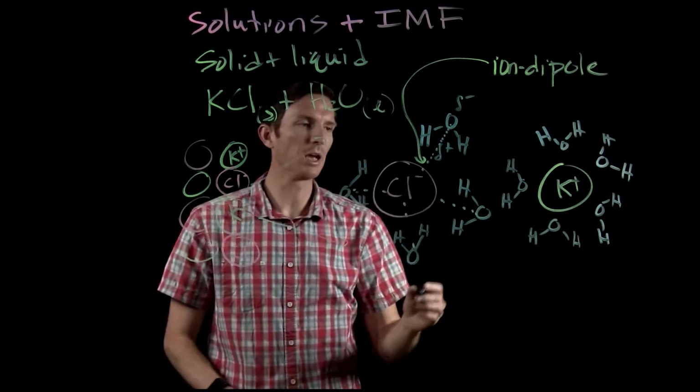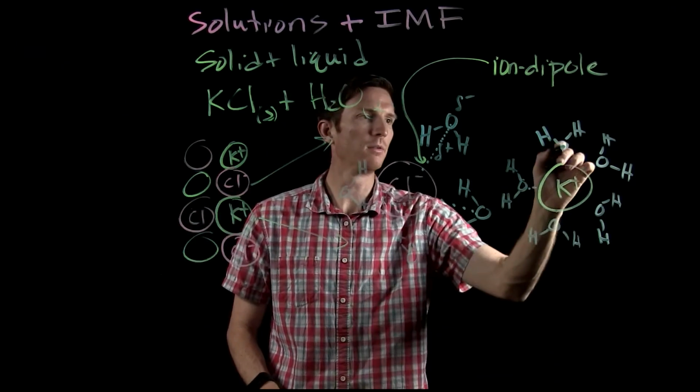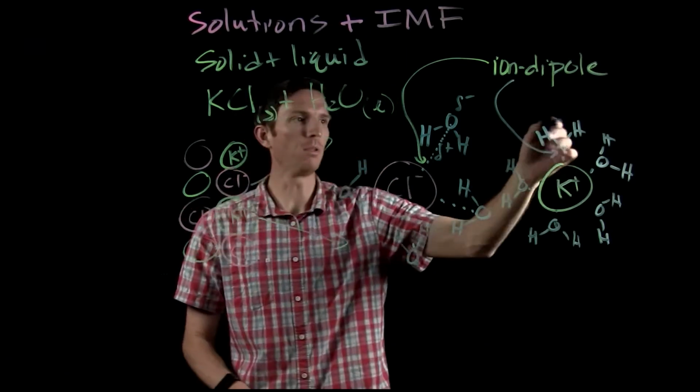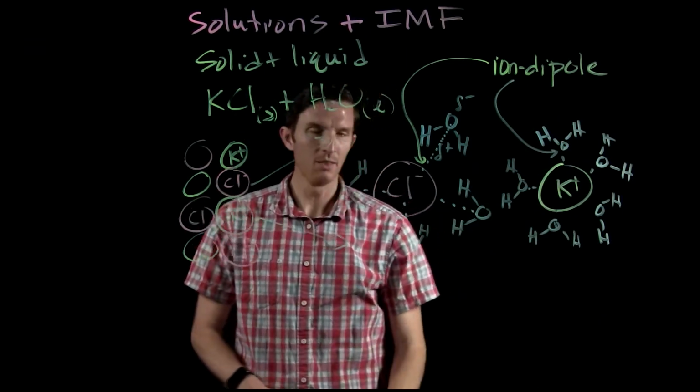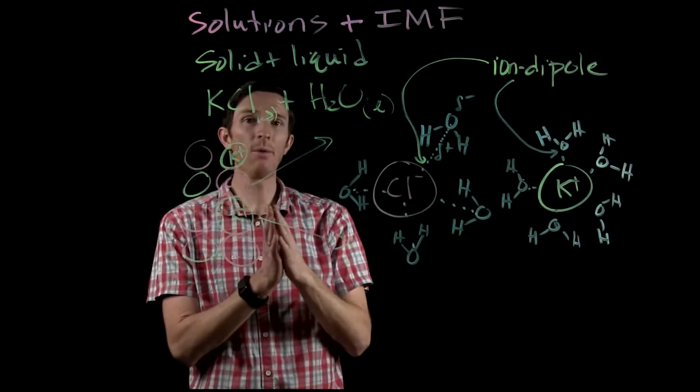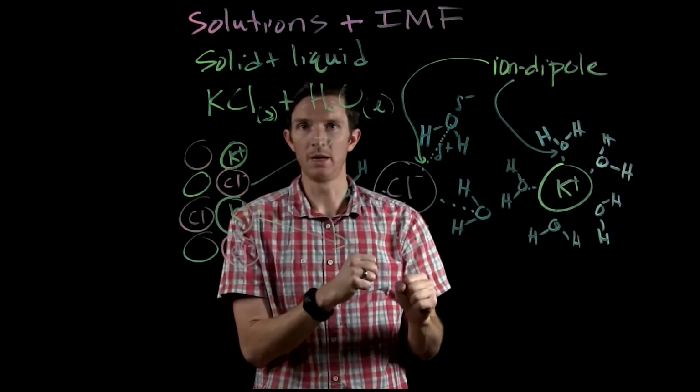And we still have the same type of attraction being formed here, right? It would still be ion-dipole. We have the dipole of the water molecule attracting to the potassium and chloride ions, okay? And so now we have this attractive force here.